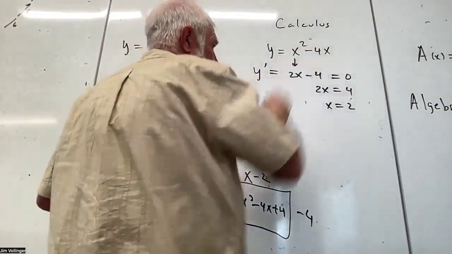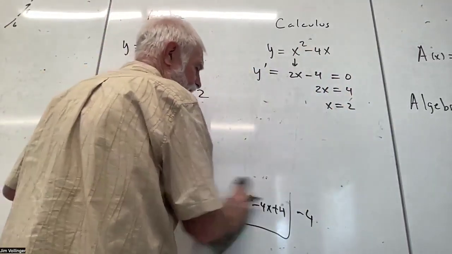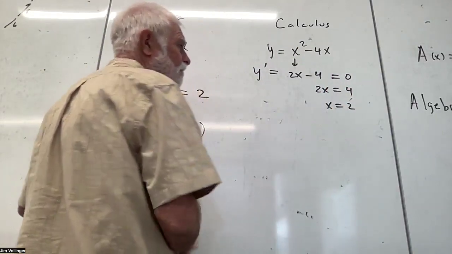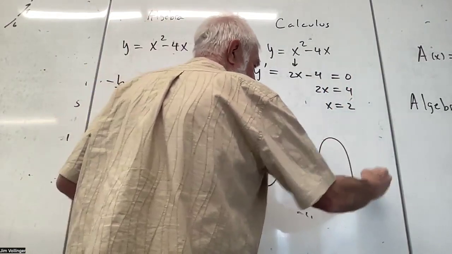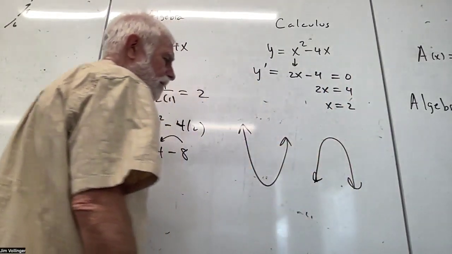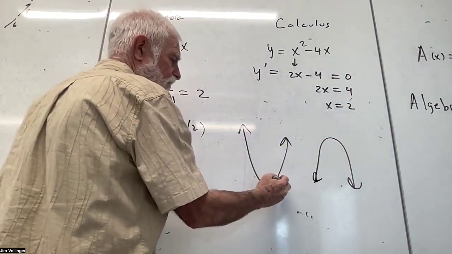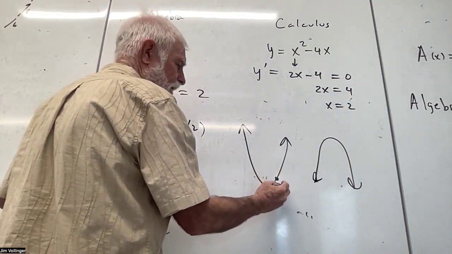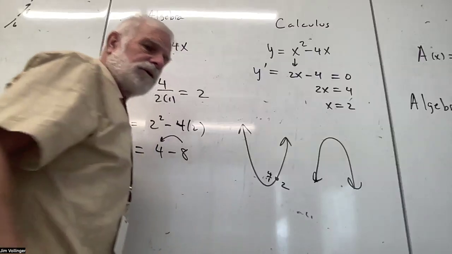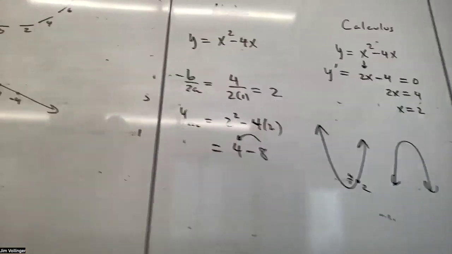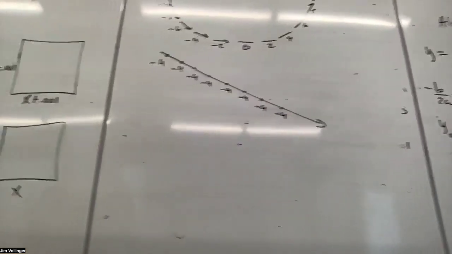And then I could plug it back in. Now, I can't prove that's a minimum because we have 2 kinds of shapes, concave up and concave down. Well, at 2, I'm going up at 4 to 1. Well, it turns out that we could do other numbers as well.